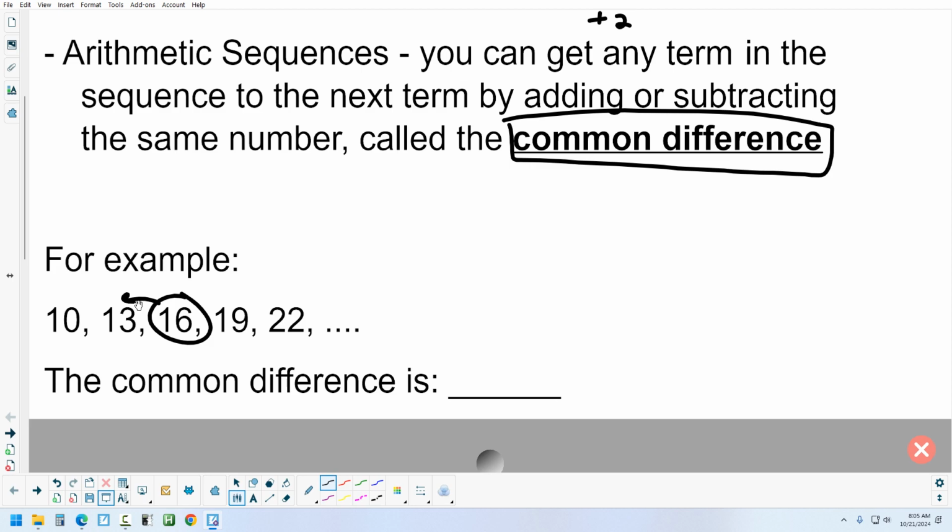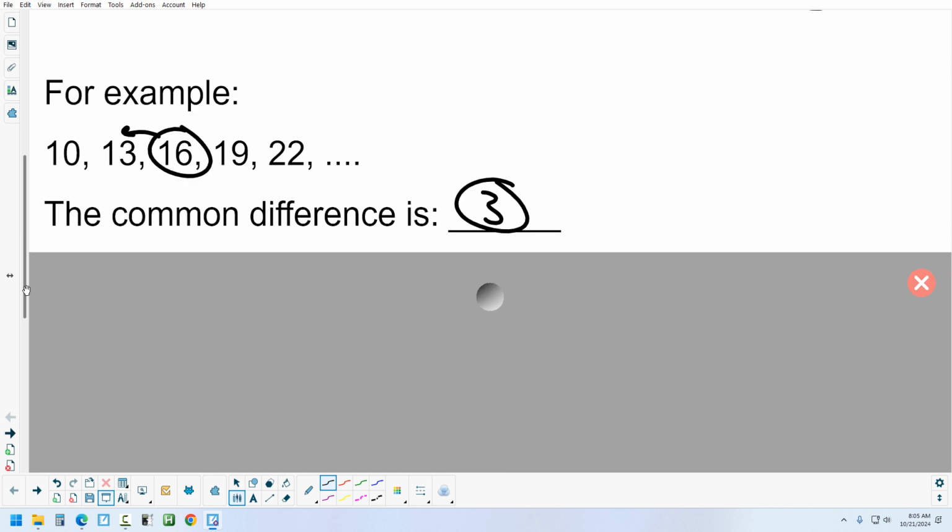So if you take a term and subtract the one that comes before it, what do you get in this case? 3. So 3 is the common difference. That's the number that you add each time to get from one term to the next. In this case, the common difference is positive because as you go to the right, the numbers are going up.